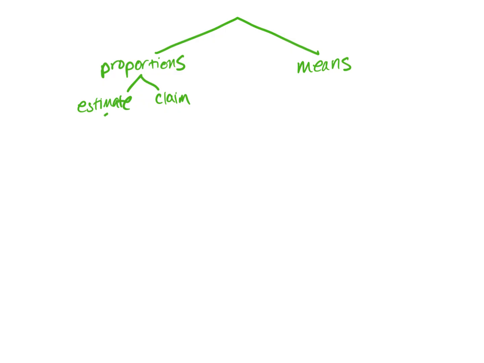If I'm trying to make an estimate, I'm going to do the one prop z int in my calculator. It will be z. Everything with confidence or with proportions is automatically z.